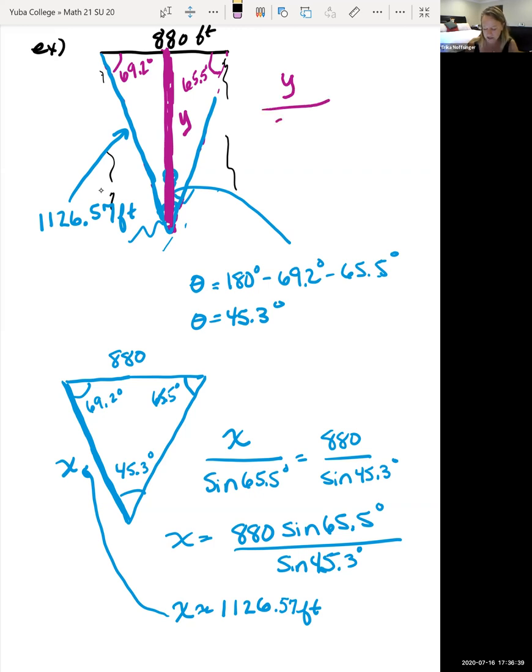So I have Y all over sine of 69.2 degrees is equal to... oh, actually, we don't even have to do that, guys. That's kind of overkill. Let's not even do that. We now know that this is a right triangle. We have the hypotenuse.